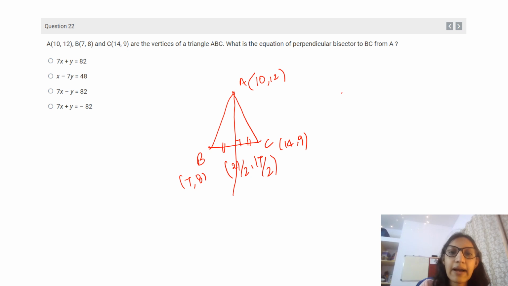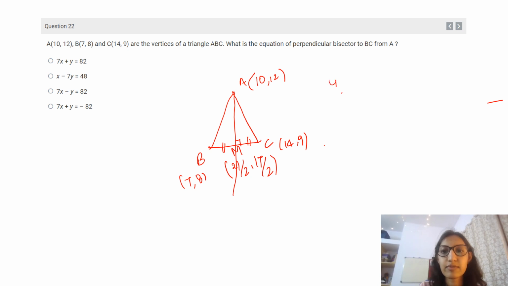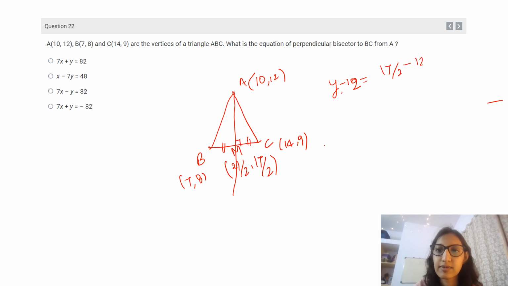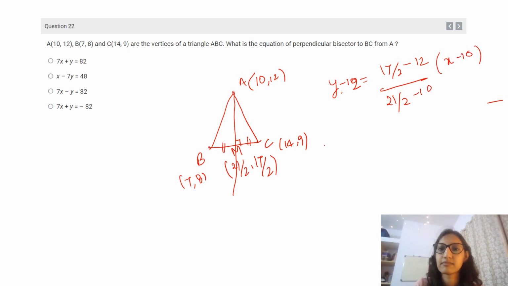Now the perpendicular bisector will pass through A as well as this midpoint M. So we have these 2 points, so the equation of the line from 2 points can be easily given. y minus 12 equals 17 by 2 minus 12 divided by 21 by 2 minus 10, into x minus 10.